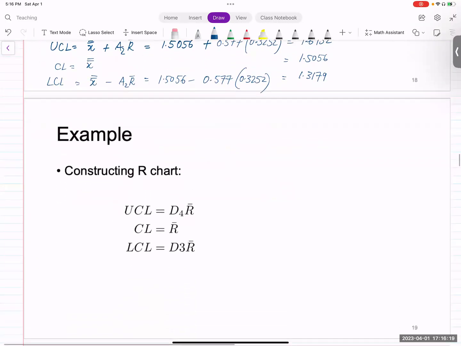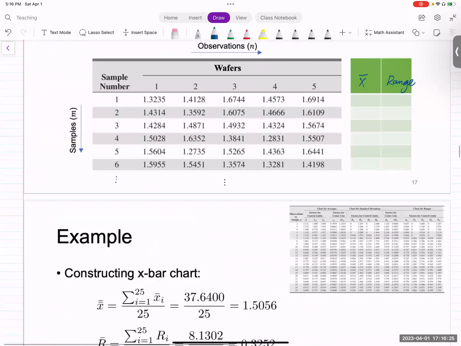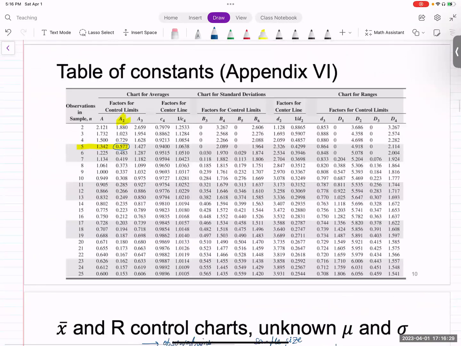Similarly, we can construct our R control chart, where the UCL is D4 times R bar. Again, let's look at D4 in that appendix 6. D4 is the very last column. For n equals 5, we have 2.114.